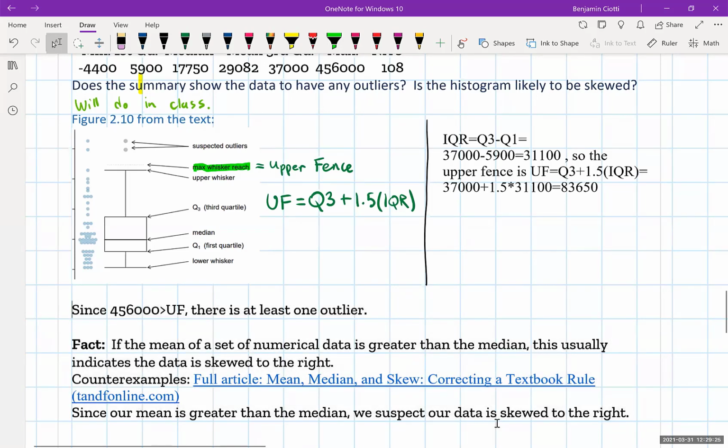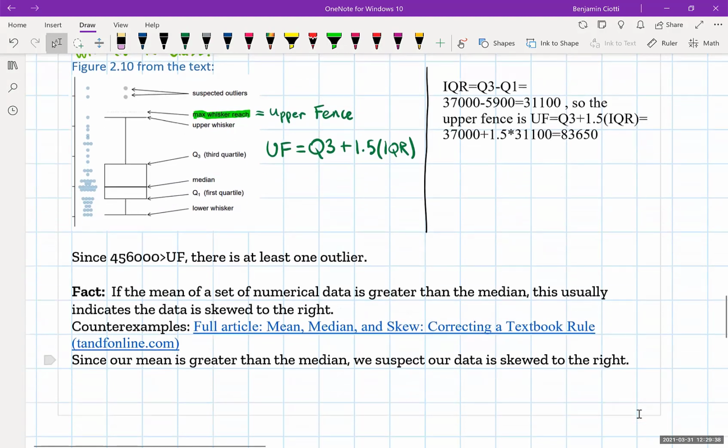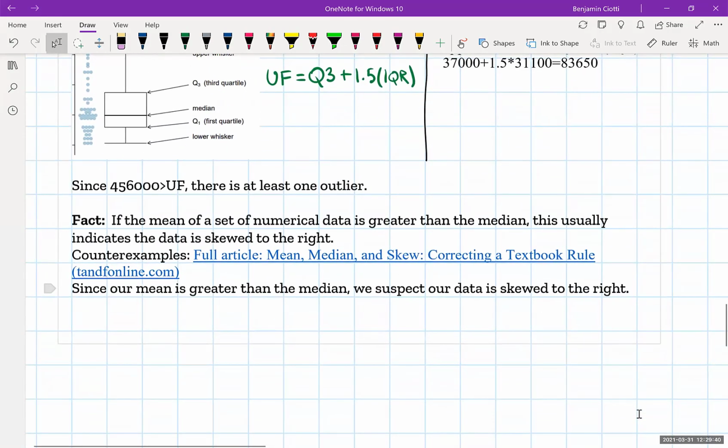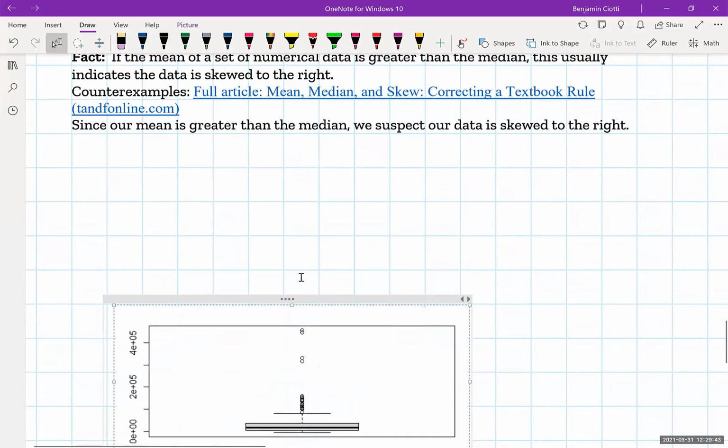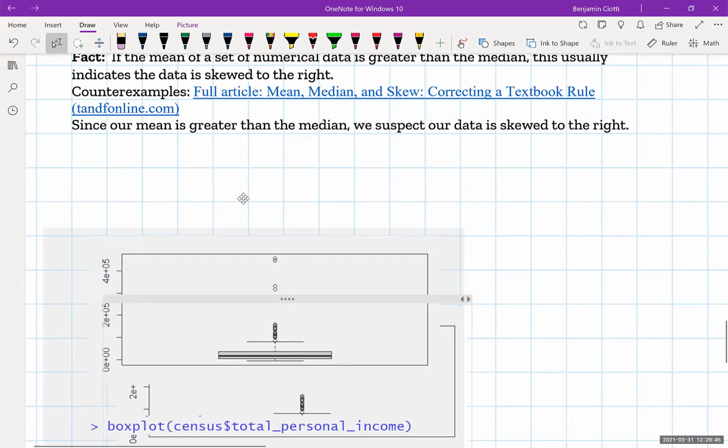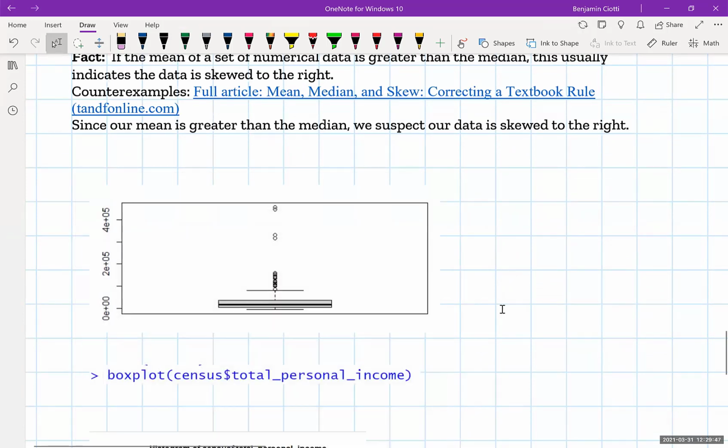But how about I verify some of these answers with R? In fact, I already did this. I'll just show you the results. Let me show you the actual box plot and histogram. The box plot will show us outliers. There's the box plot. So this is the actual box plot.